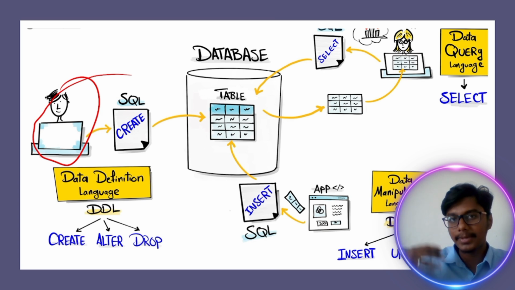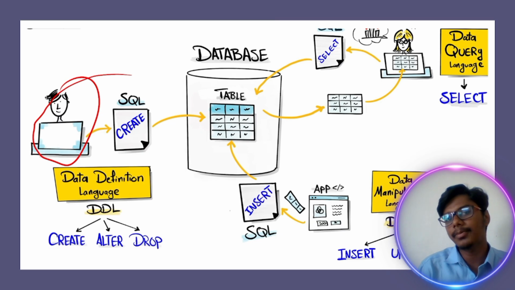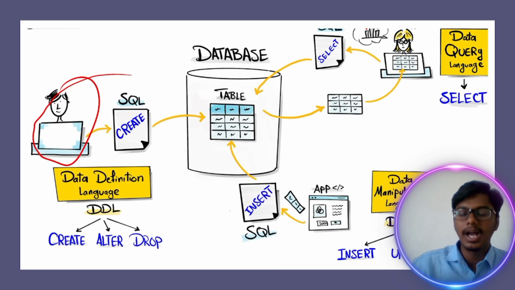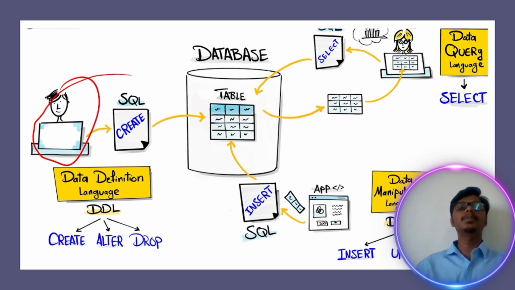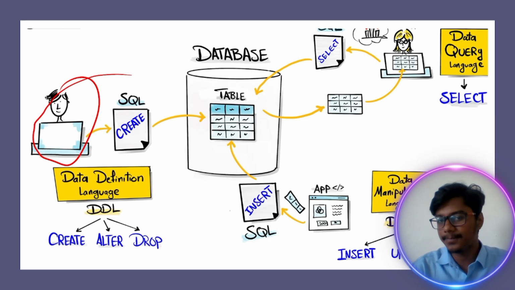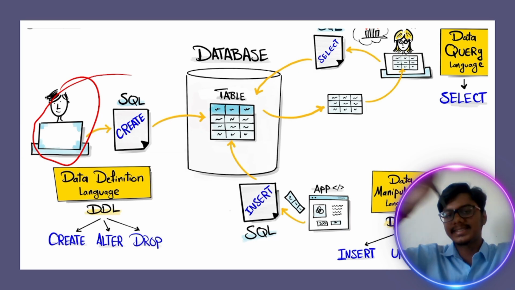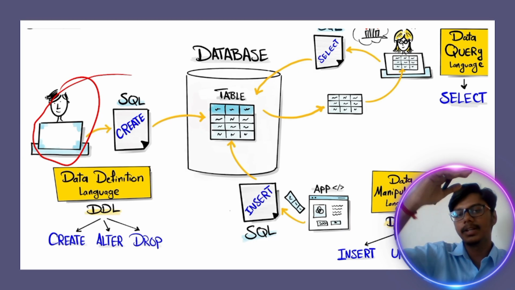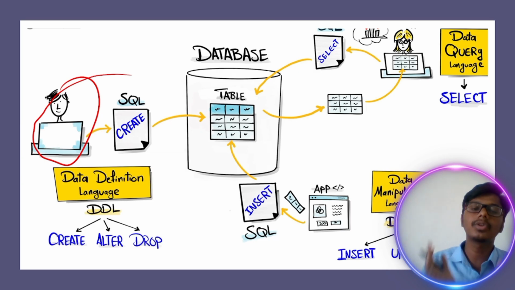If I am the user, I want to create the data, create the login. That's called create. Alter: if I'm in the program, I can alter the database, and if I don't want the database, I can simply drop it. That's the basic intuition. As the software developer, I can create the data. I'm creating a schema: what rows go into my database, what data is inserted into the database.